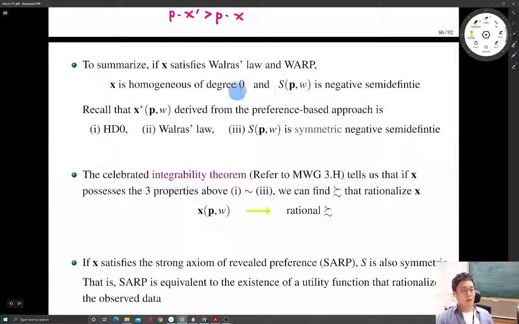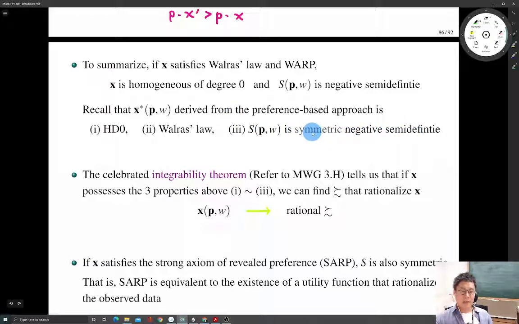On the other hand, Walrasian demand derived from the preference-based approach is homogeneous of degree 0, and it also satisfies Walras' law if we make assumptions on the preference relation, and finally, the Slutsky matrix is symmetric and negative semi-definite.